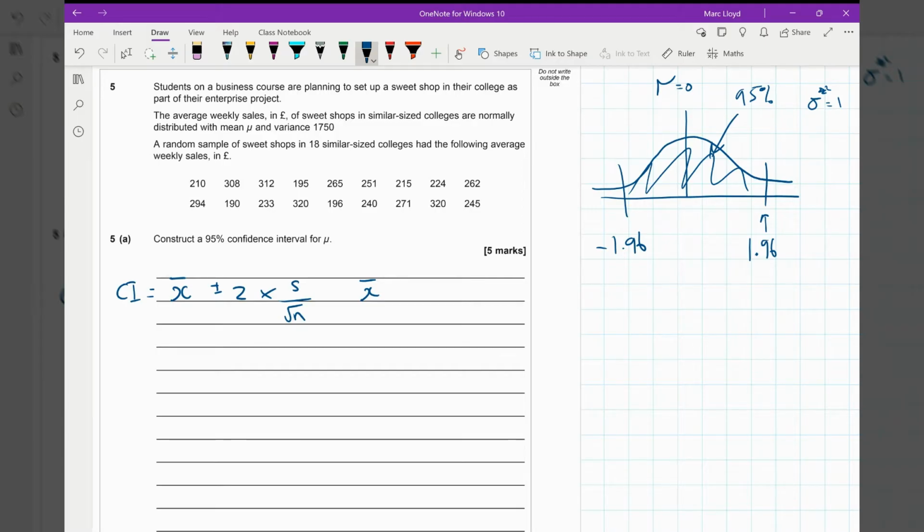So 210 plus 308, 312, 195, 265, 251, 215, 224, 262, then hit equals, and then carry on. 294, 190, 233, 320, 196, 240, 271, 320, 245.